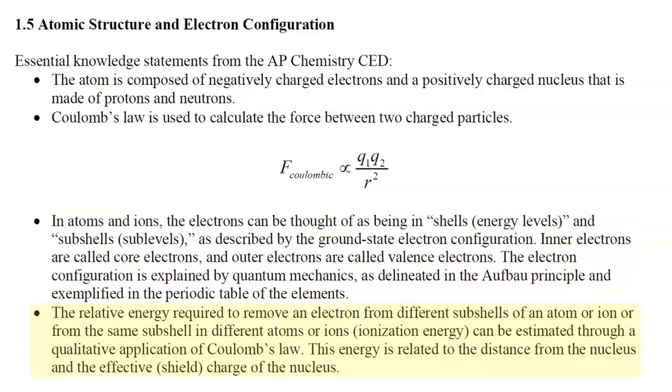The relative energy required to remove an electron from different subshells of an atom or ion, or from the same subshell in different atoms or ions, ionization energy, can be estimated through a qualitative application of Coulomb's law. This energy is related to the distance from the nucleus and the effective shield charge of the nucleus.